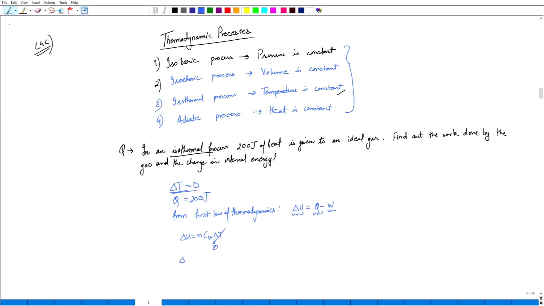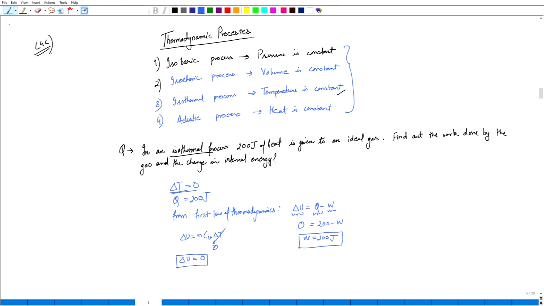That means delta U is 0, and so whatever heat is given to the system is going to be converted into work. So this is 0, this is 200 minus W, so W is 200 joule.